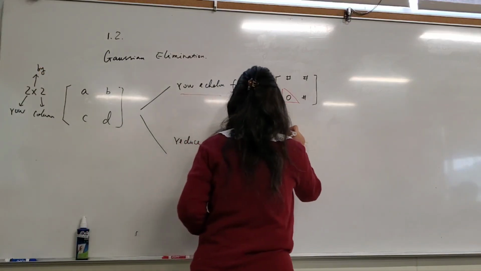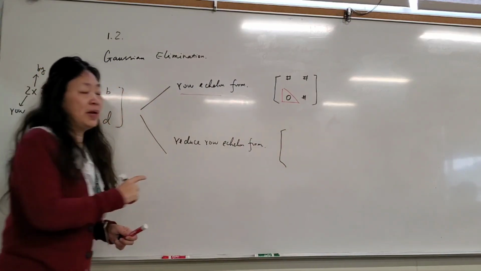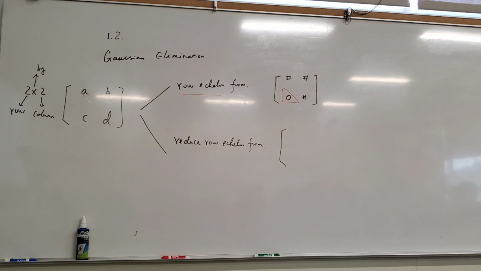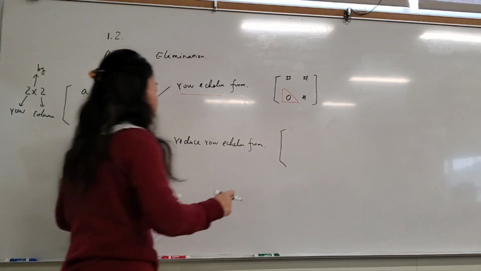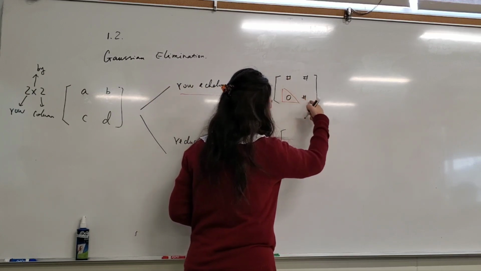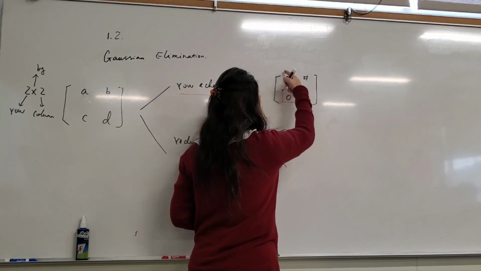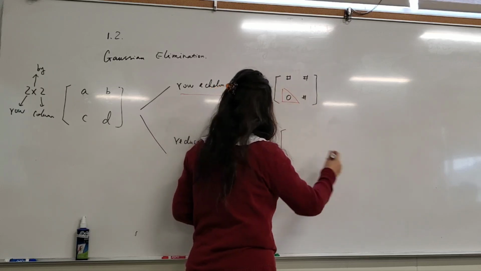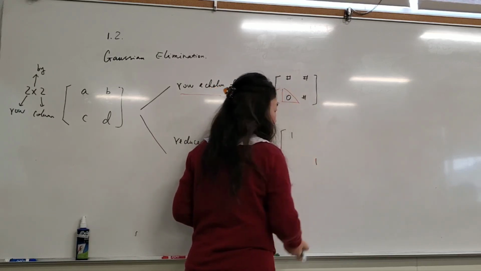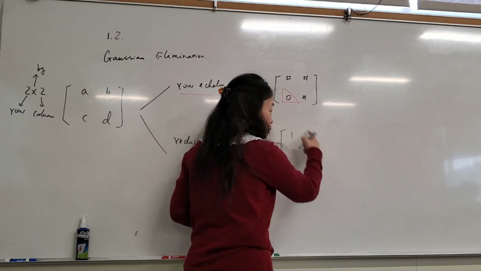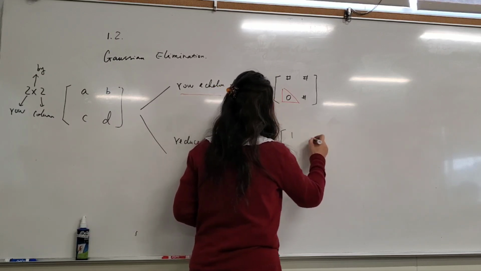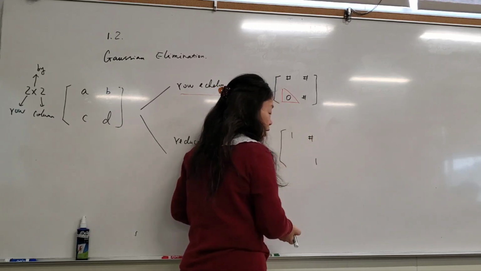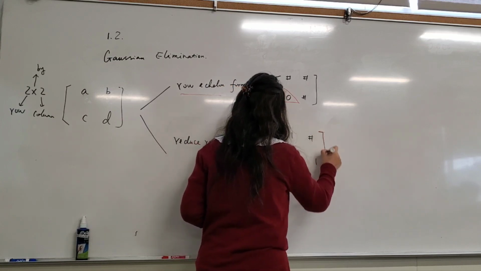And then the second one is called a reduced row echelon form. Now this one's a little bit more strict. This one has to have a main diagonal, which comes down like that. The main diagonal has to be 1, okay? And then this one's a 0.